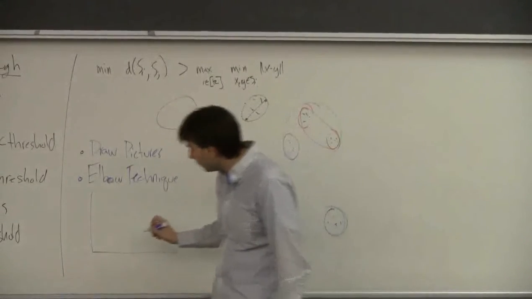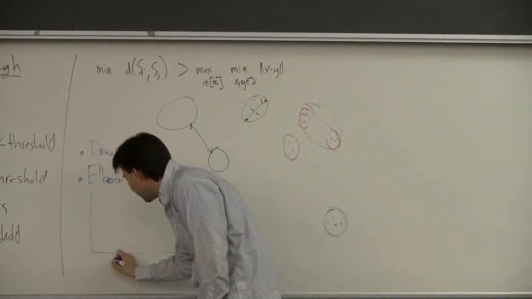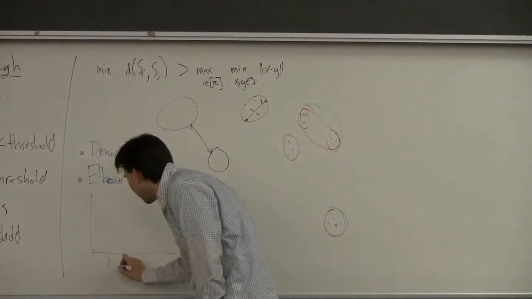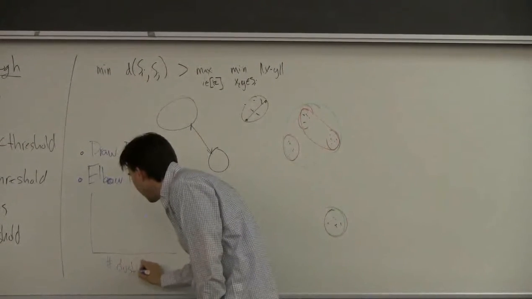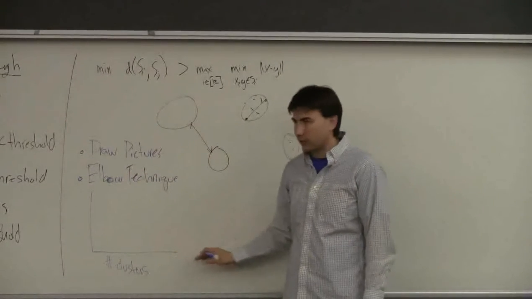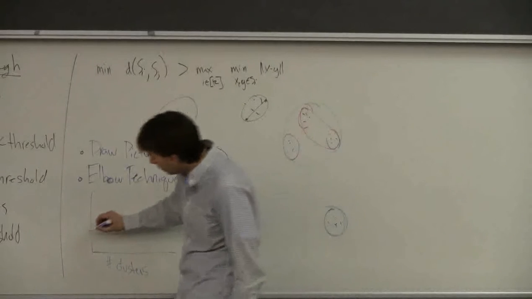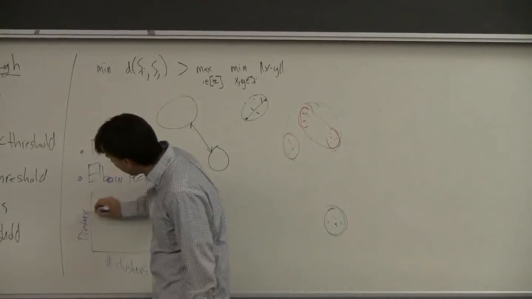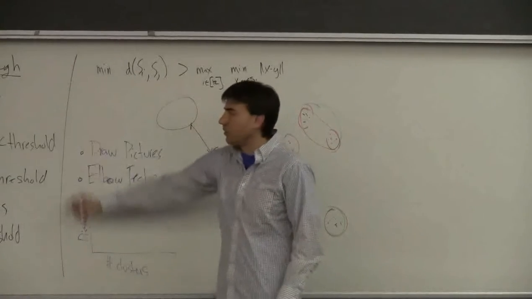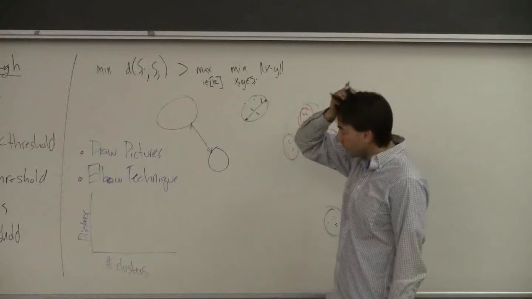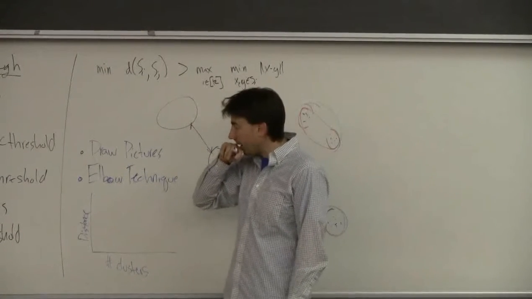So one thing you can do is, this axis will be the number of clusters, which is going to increase, and this axis is going to be some sort of distance. It could be any one of these close enough measures.